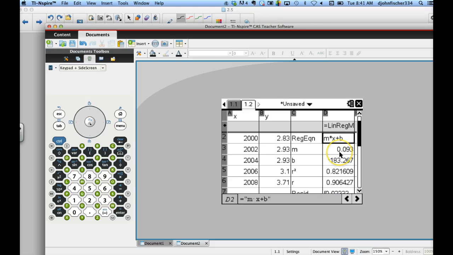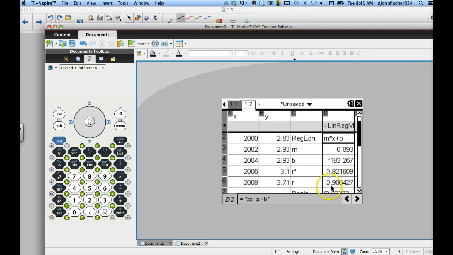Notice that we get an equation now. This is the equation we used to have, y equals mx plus b. My m is 0.093, which is my slope. My y-intercept is negative 183.267. And my r value is 0.906. You notice the 0.906 is a very strong positive correlation.